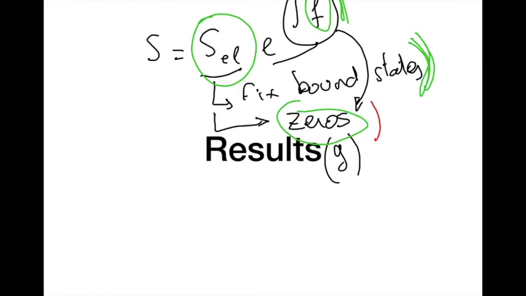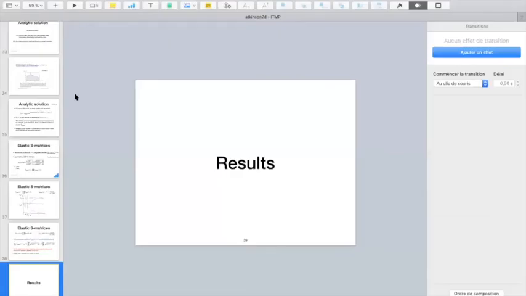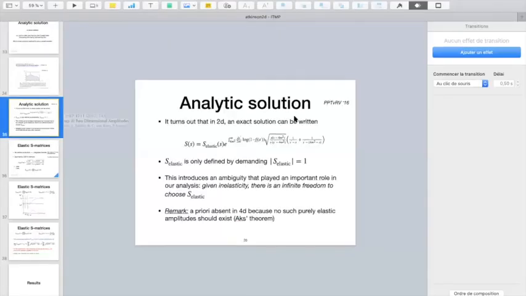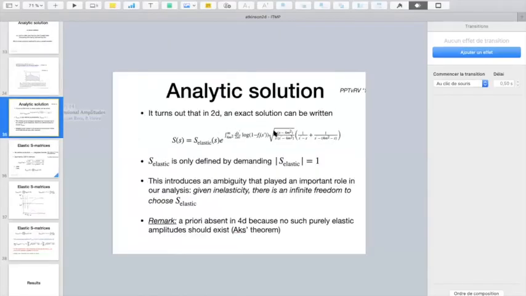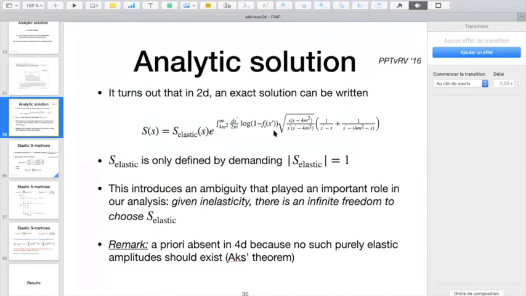If you go back to the explicit form of the solution, which you showed schematically in this plot, it's not yet an explicit solution, right? Because this elastic part in front depends on the function F.